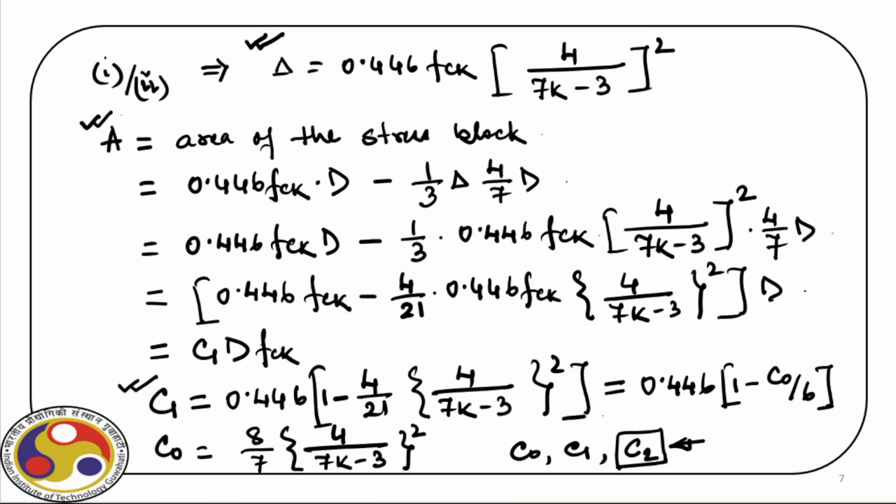Then iteratively we find out the location of the neutral axis, and finally converge to the values of C0, C1 and C2. This will be explained when we take the example. But remember that these values are dependent on K, and hence we need an iterative procedure to solve it.